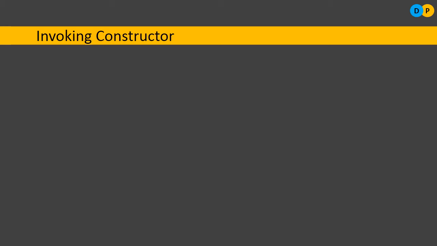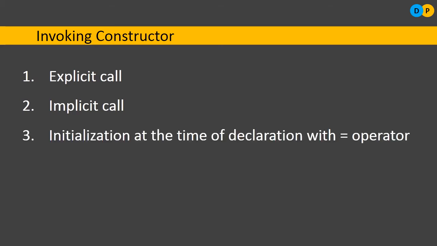Next, how are you going to invoke a constructor? So any constructor for that matter, whether it can be default, parameterized or copy constructor, can be invoked in three different ways. The first one is explicit call, second is implicit call, and the third one is initialization at the time of declaration with assignment operator.